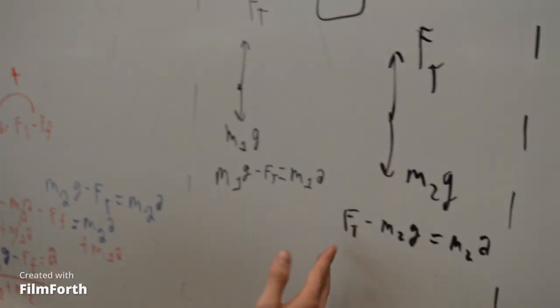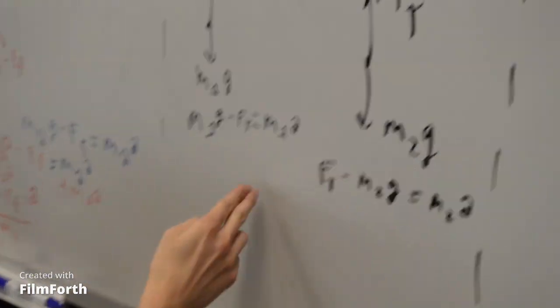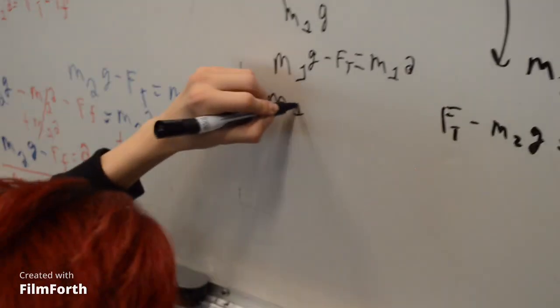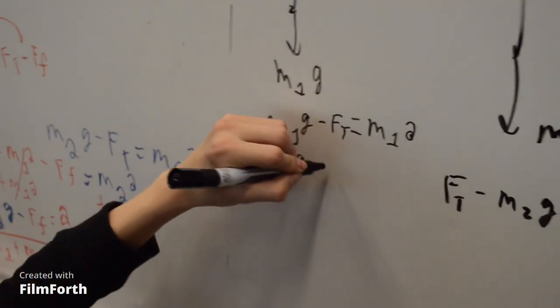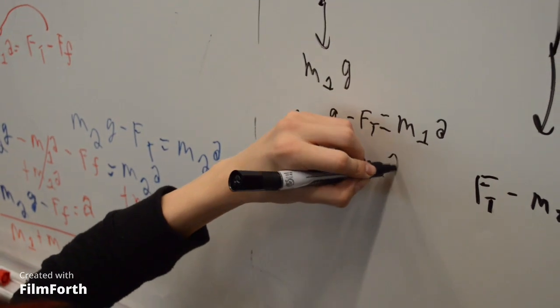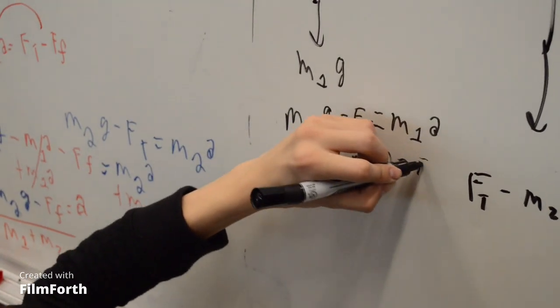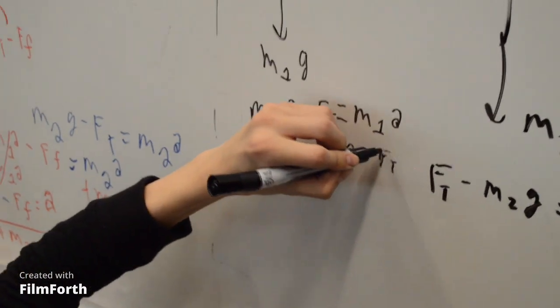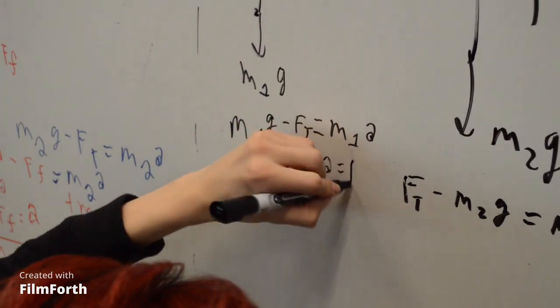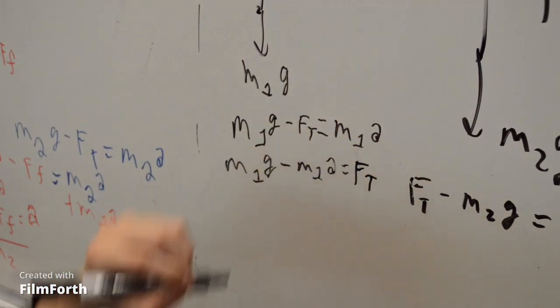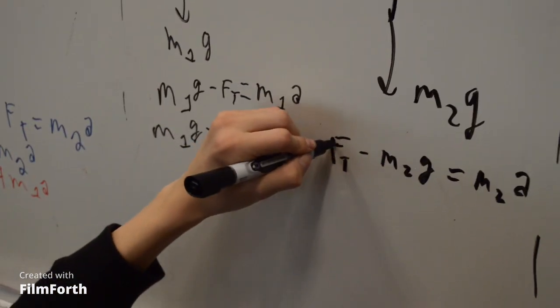Now, let's find the acceleration for the entire system. We don't know tension, right? And we don't want any unknown variables. So let's isolate for the tension force. In this scenario, we get that M1G, the difference between the first mass's weight and its net force, is equal to the tension. And now, here, we will isolate for Ft.